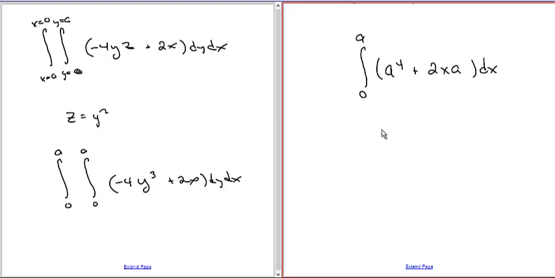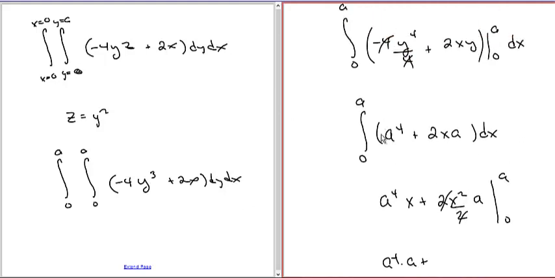Now integrate with respect to x, you get a to the fourth x plus 2x squared over 2a, evaluated between 0 and a. The lower limit you get nothing, and you get a to the fourth times a plus these cancel out. I must have missed a sign here somewhere. Yeah, there's a negative sign there. Forgot, so that's negative.